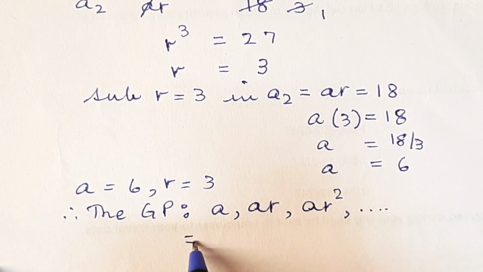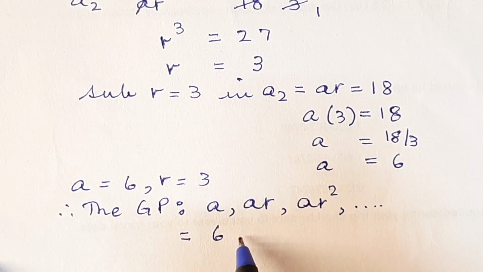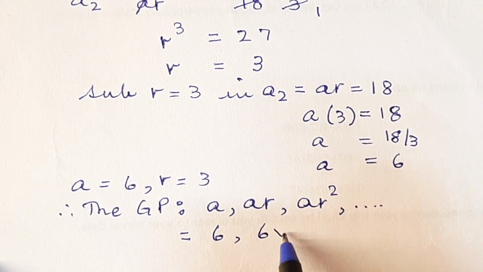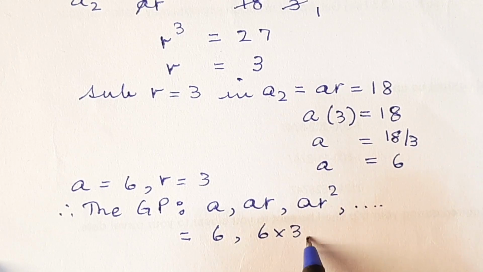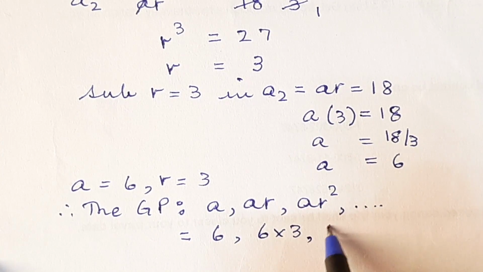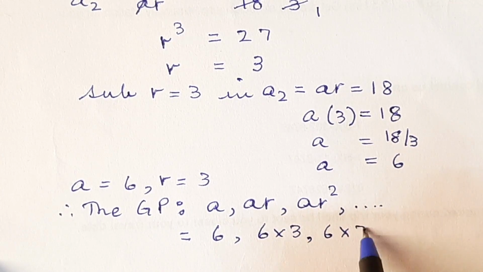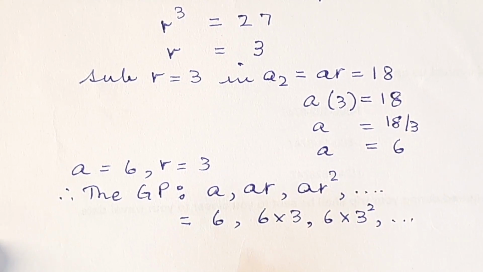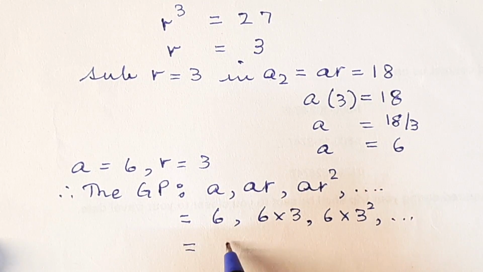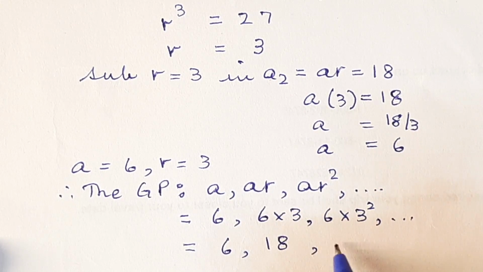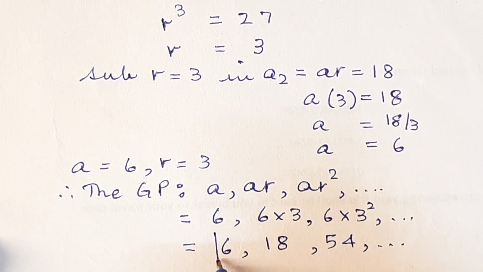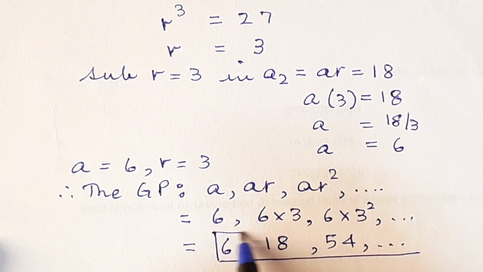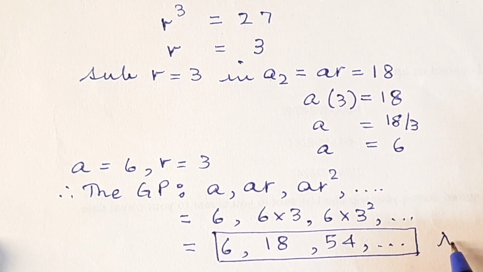So that will become, a means 6, then 6 into r, that is 3, then 6 into 3 square, because our r is 3, comma, dot, dot, dot, and that will give us 6, comma, 18, comma, 54, comma, dot, dot, dot. And that is our answer.